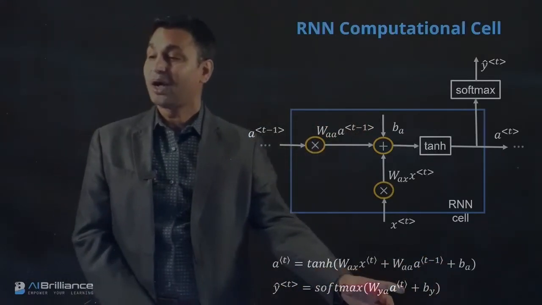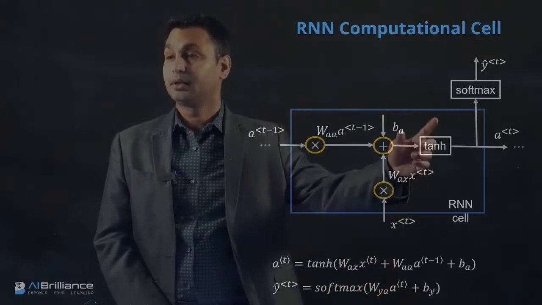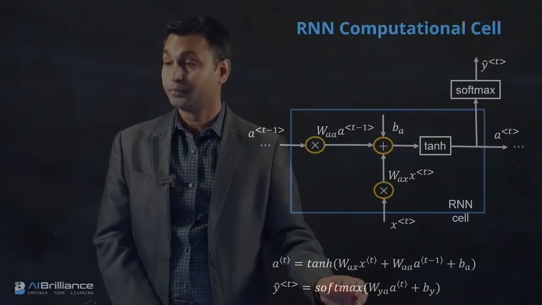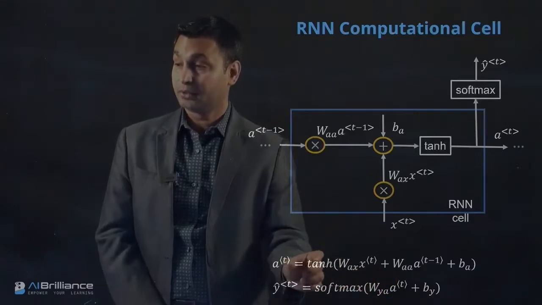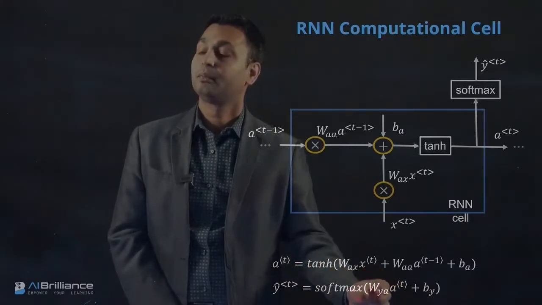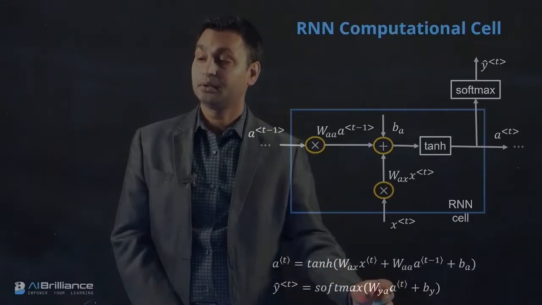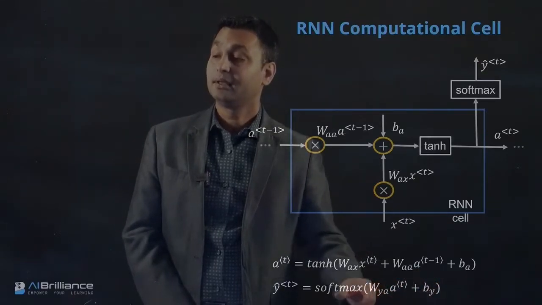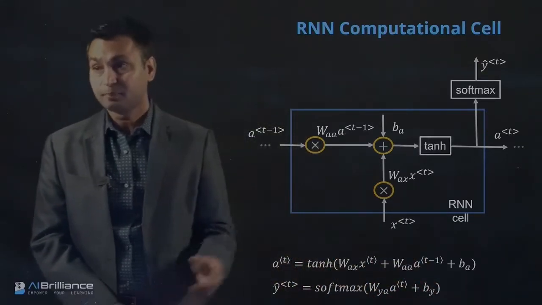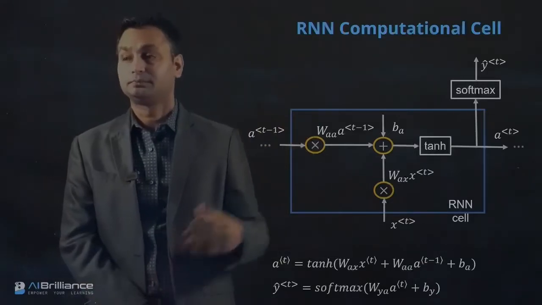And then the Y output is essentially, taking the activation you have computed, a(t), you multiply it with the weights, add a bias, and then pass it through a softmax layer that could be used for classification.